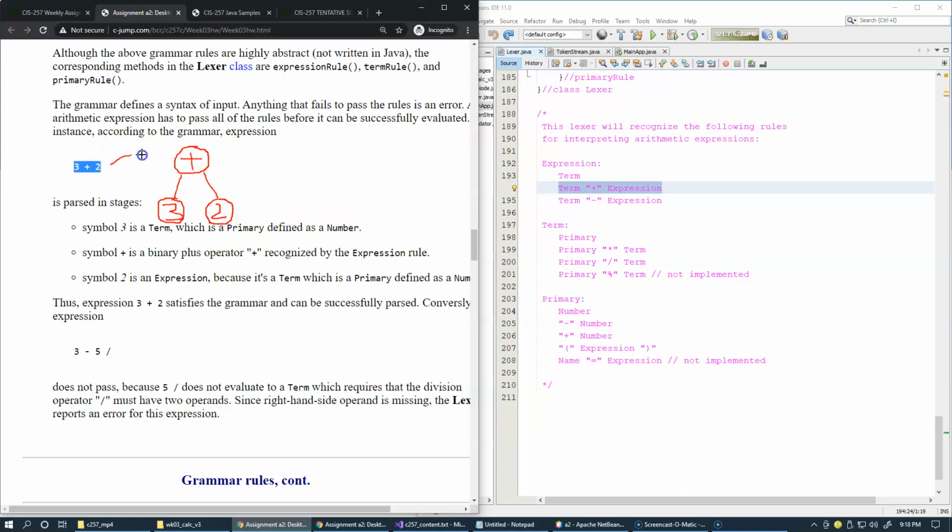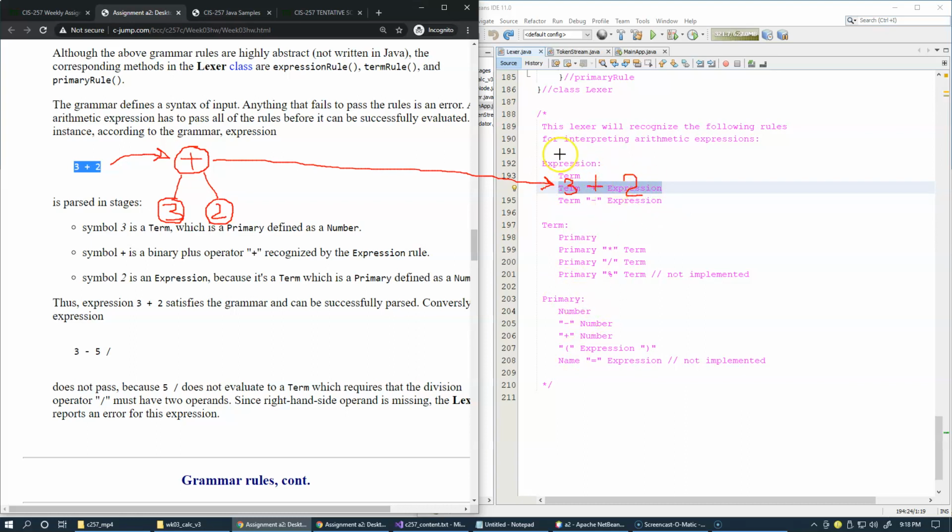So this results in the generation of this tree based on these rules, and most importantly, this was the result of taking this path right here, because we determined that 3 is a term, so this term became 3. Plus is plus, so plus remained as plus. In an expression, we checked again, we found a number, and this expression became 2.